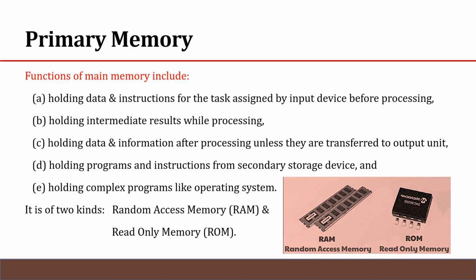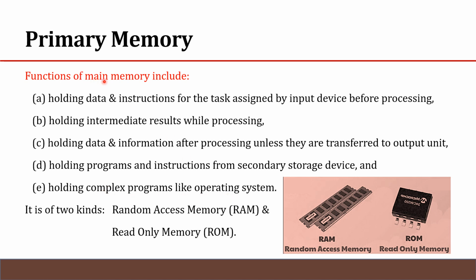The major functions of main memory are holding the data and instructions for the task assigned by the input device before processing, holding the intermediate results while processing, holding the data and instructions after processing unless they are transferred to the output unit, holding the programs and instructions from the secondary storage device, and holding complex programs like the OS, operating system.